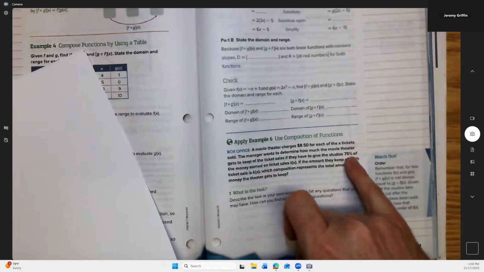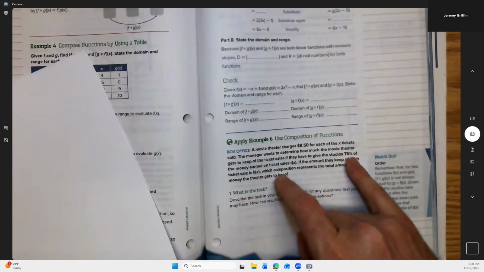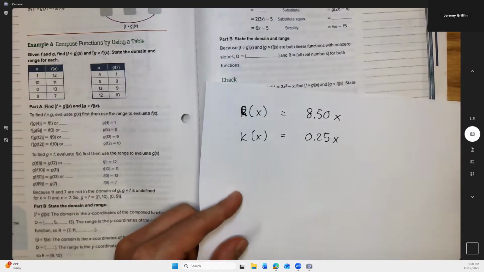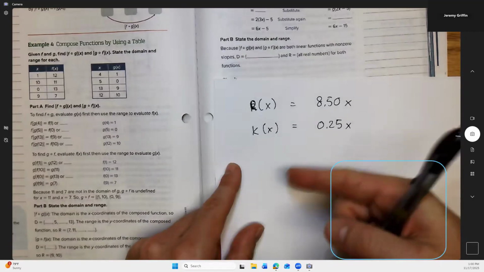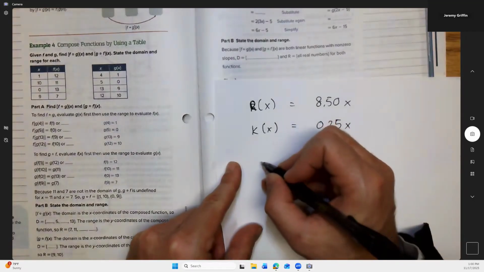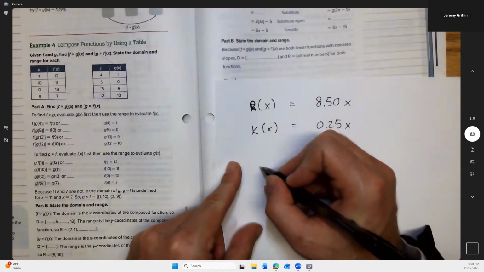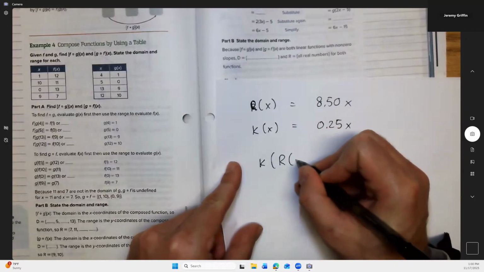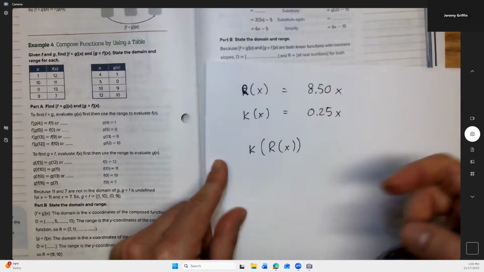They have to give away 75% back to the studio, which means they're allowed to keep the other 25%. So it'd be 25% times the revenue. And what's going to make this a composite function is that I want what they're allowed to keep as a function of the tickets that they sold. So something like this.